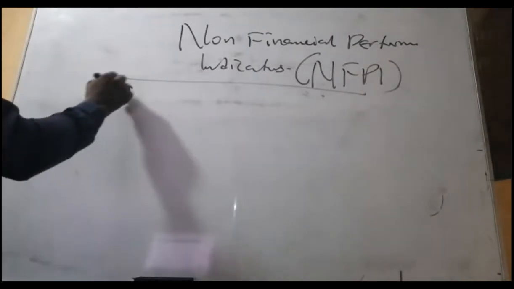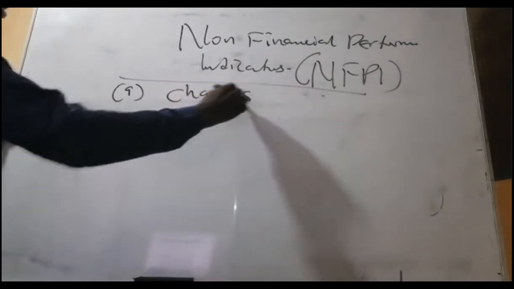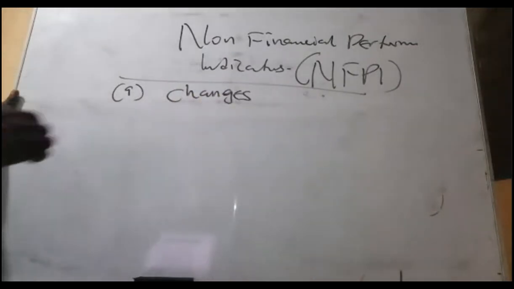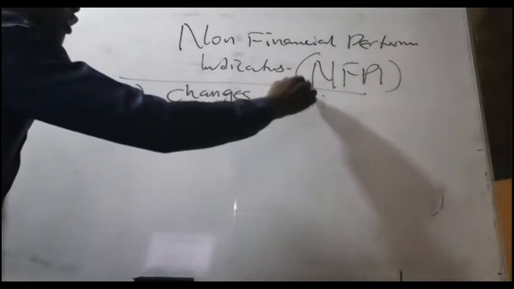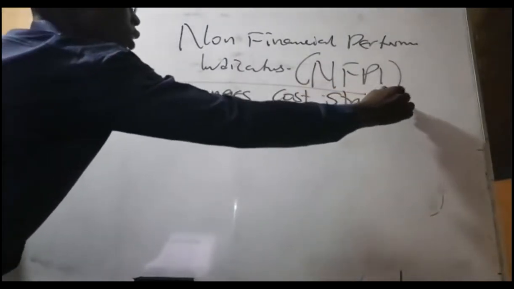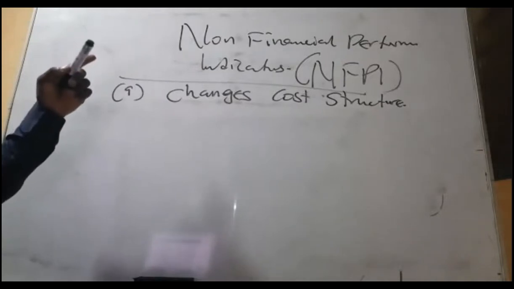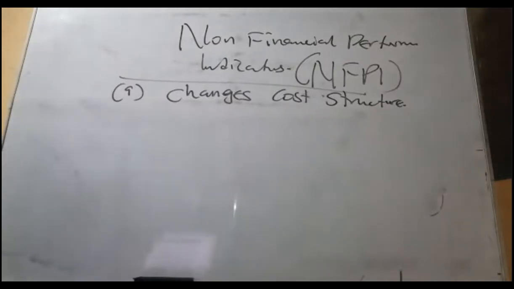One, changes in the cost structure of the organization. It's a critical example of a non-financial indicator.